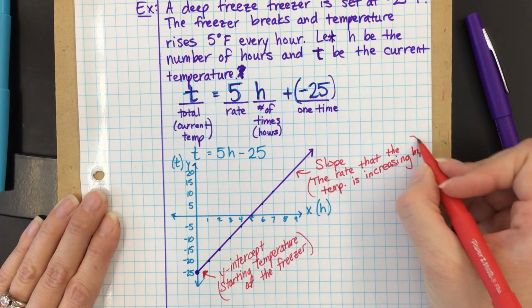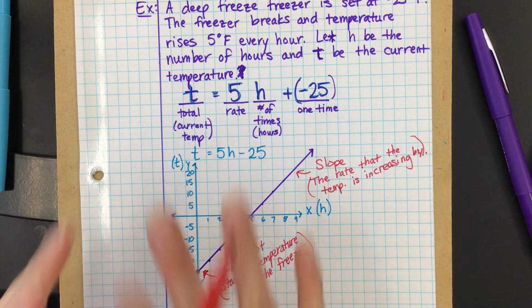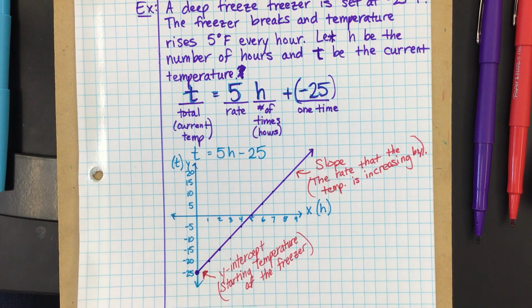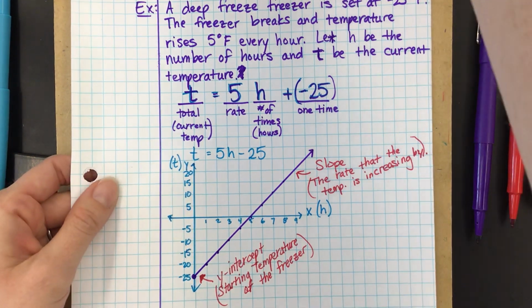So now our y-intercept and our slope actually mean something here, because we've applied it to a context. So I hope this makes sense. Let's go ahead and turn over the page. I want to give you another example, and then I will let you work on your practice.